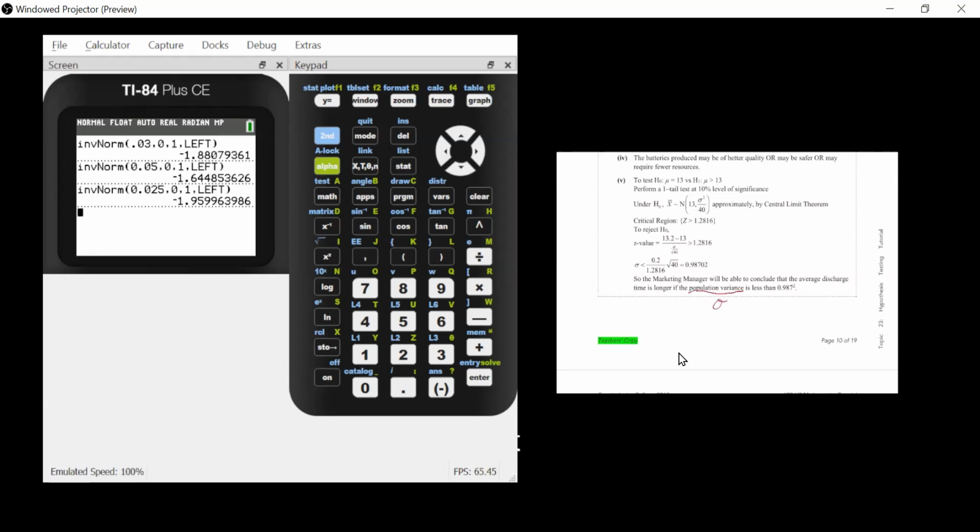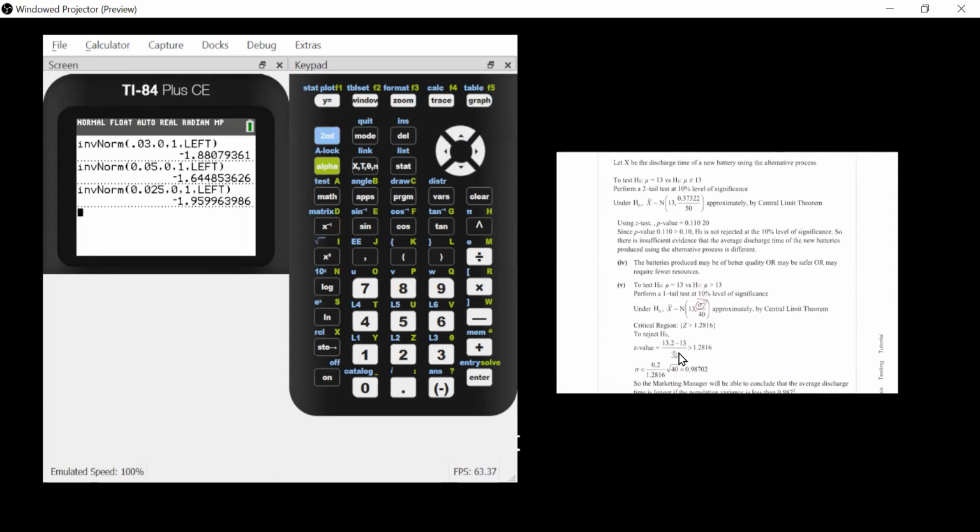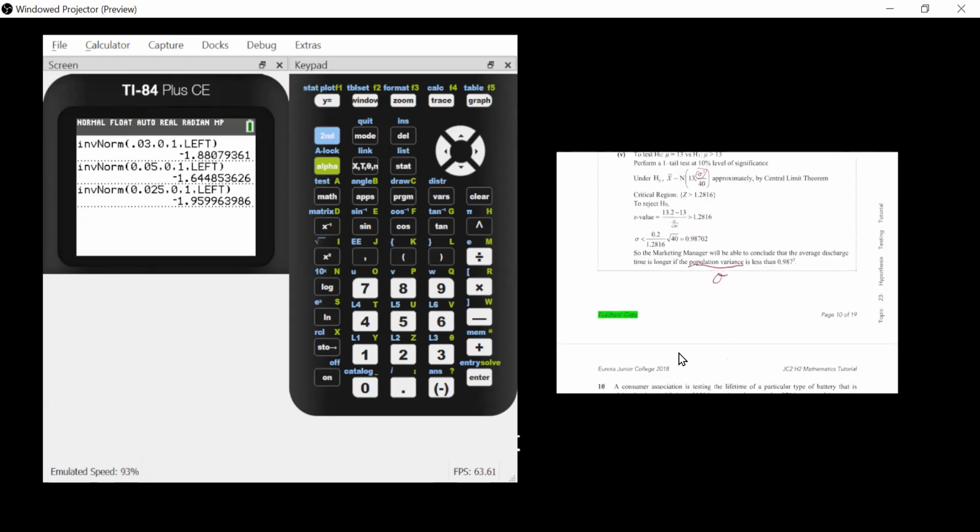They gave us sigma. We didn't have to calculate it. But I thought it's sigma square. Oh, sorry, sigma square. Yes. Standard deviation is sigma. Sigma square is the population variance. That's why they have 0.987 square. Sorry, my mistake.